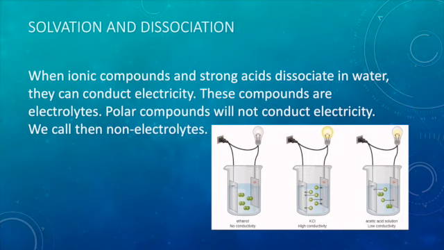When ionic compounds and strong acids dissociate in water, they can conduct electricity. So you saw that in our ionic covalent lab at the beginning of the year. These compounds make electrolytes. Polar compounds will not conduct electricity, and we call those non-electrolytes.